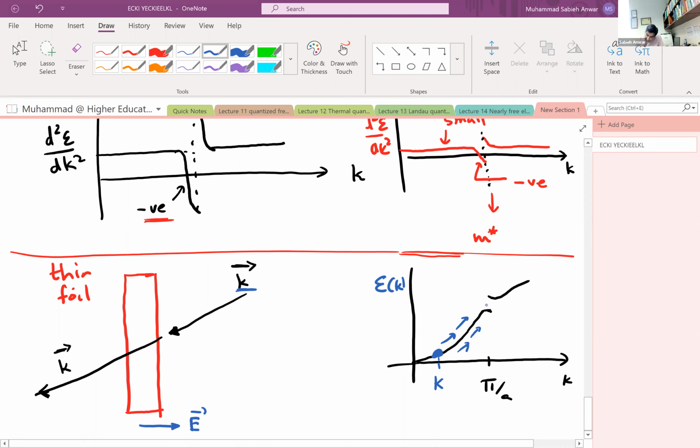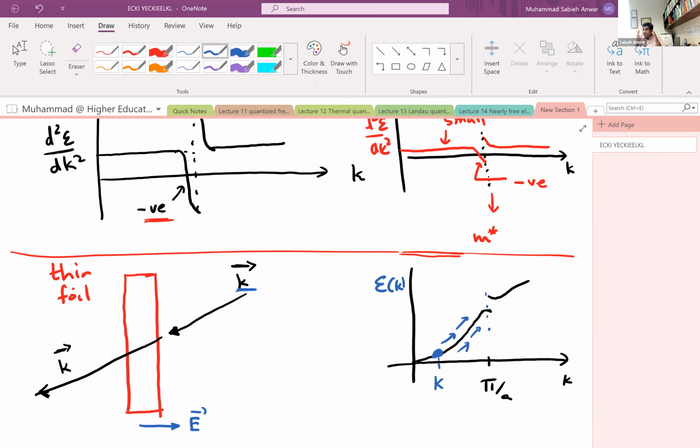At a particular value of k, you've applied a force, that force is acting for a certain time, the energy is going to go up, the k value is going to go up. At a certain point, the k reaches the critical point of being equal to or very close to pi over a. And when that is going to happen, the electron is being constantly accelerated, so there's a mass associated with the electron.